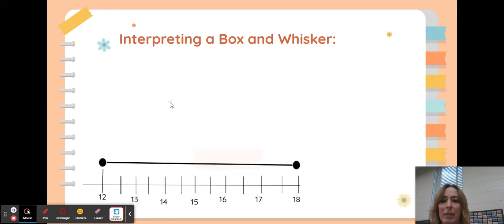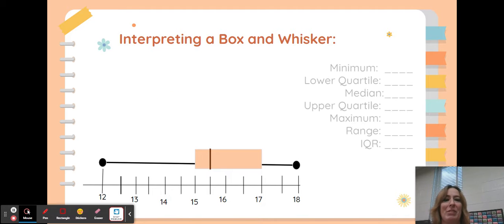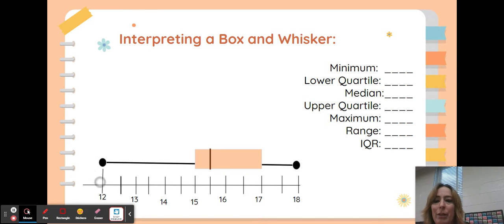Here's another one. Get our pieces on there. All right, minimum, remember the first dot, so that would be 12. The lower quartile is where we start our box, so that would be 15. The median is the line inside the box, so it's halfway between 15 and 16. Upper quartile is where the box ends. The maximum is the biggest number, which is where the second dot is.